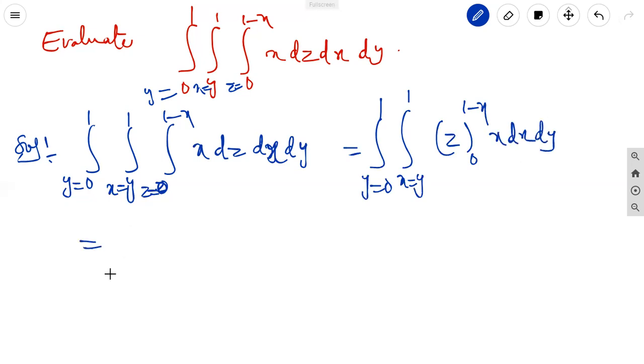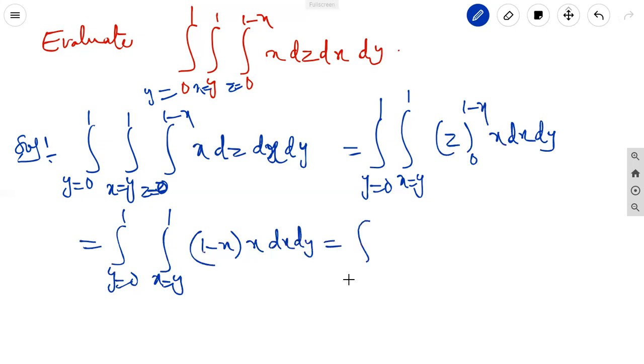It is equal to y equals 0 to 1, x equals y to 1, upper limit 1 minus x minus 0 is 1 minus x, dx dy. It is equal to y equals 0 to 1, x into x is x square, x minus x square.